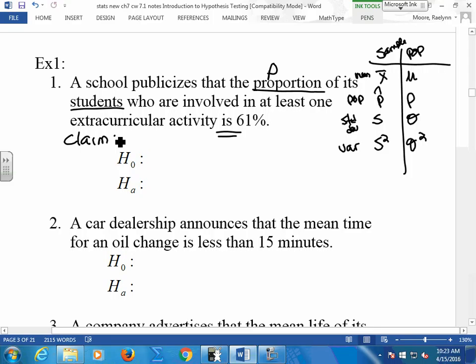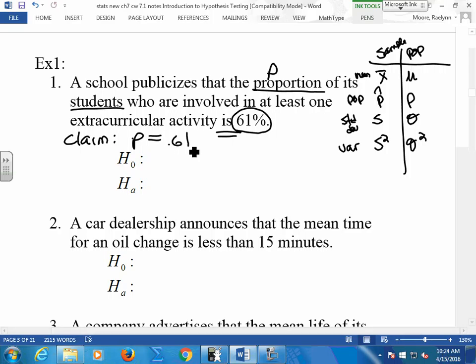I'm the school. I say the proportion of all my students who are involved in at least one extracurricular activity is 61%. So I'm a proportion. How do I write the math statement? You guys hate word problems too? P equals 61%. How do I make that into a decimal? 0.61. That's my claim.